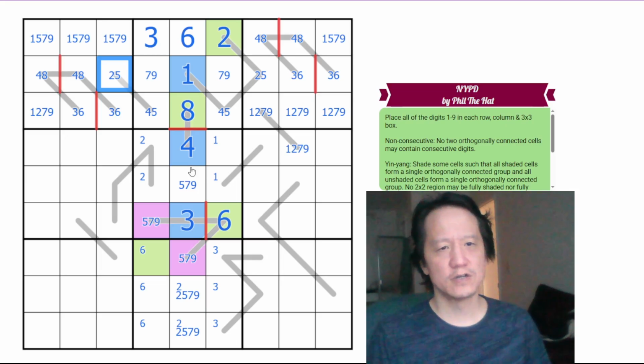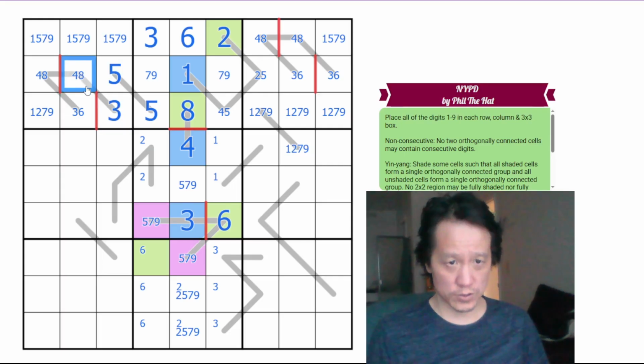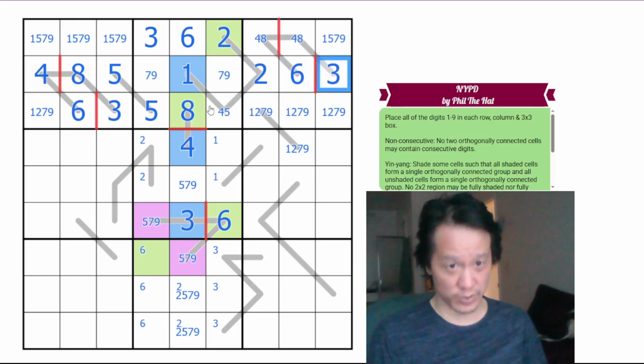Oh, that's interesting. So if this is 5, that makes this 5. That means this can't be 6, so this is 3. This can't be 4, so this is 8. So that makes this that pair. That makes this 2, so this can't be 3. That's 6, this is 3.